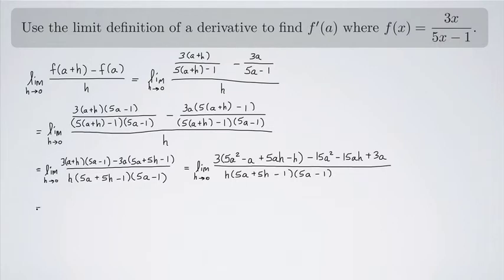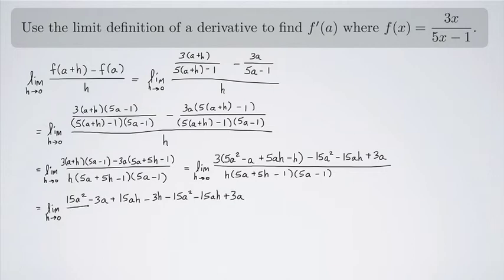And now I can distribute this 3 on top, so I'm still going to have the limit as h approaches 0, and it's going to be 15a squared, negative 3a, plus 15ah, minus 3h, minus 15a squared, minus 15ah, plus 3a.